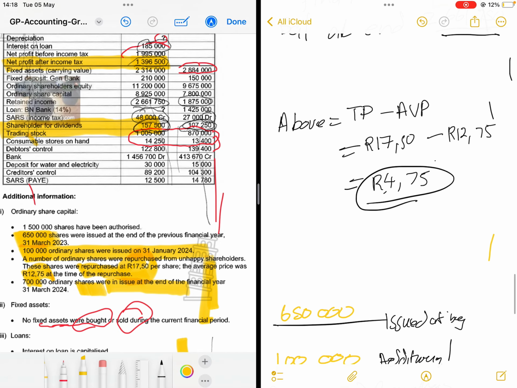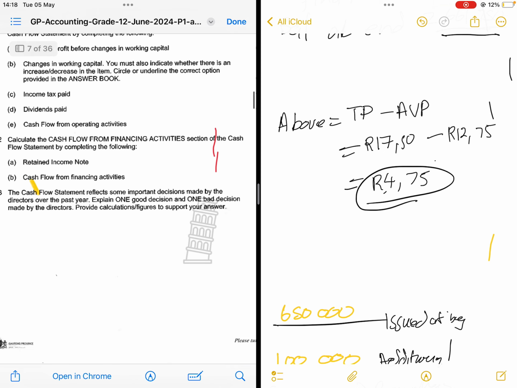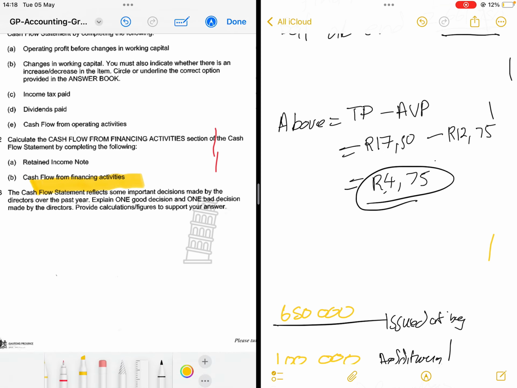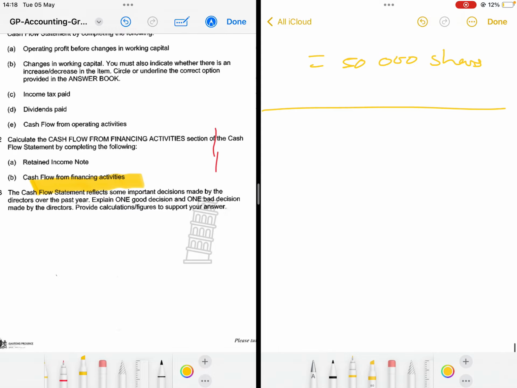Now you come to the examiner's favorite. Cash flow from financing activities. Financing activities involve 3 things. First is proceeds.